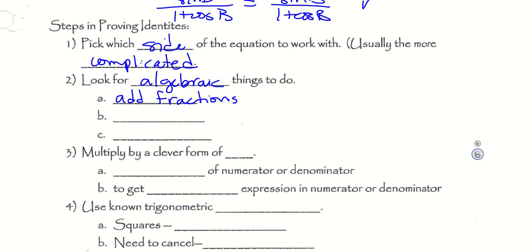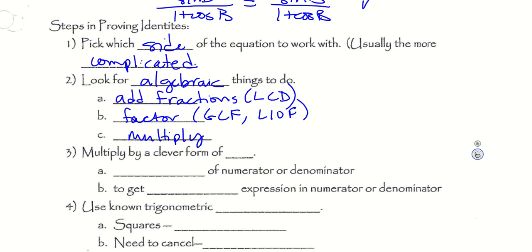And remember, to do that, you want to get a lowest common denominator. To factor, we might factor out a GCF, or we might factor by foiling backwards. I call that lie-off. Or other ways of factoring. And we might actually multiply or add or just do whatever math is called for in the expression.